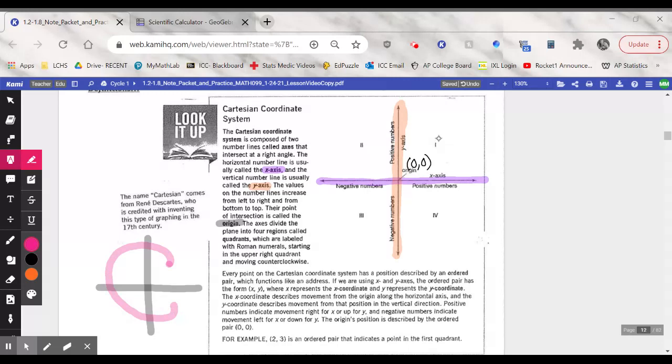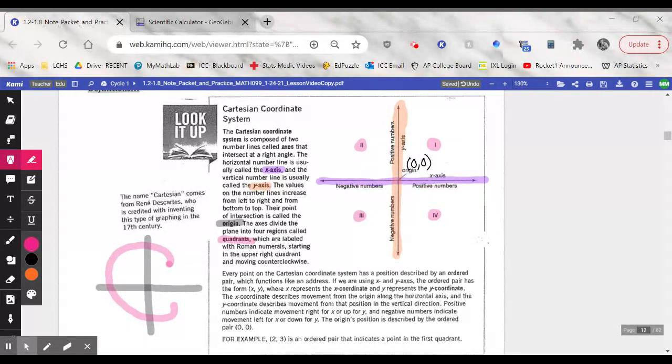So this is quadrant 1, this is quadrant 2, quadrant 3, and quadrant 4, just like you were drawing a C. So those are your quadrants. And just like I said, you work from the upper right quadrant and you go counterclockwise.